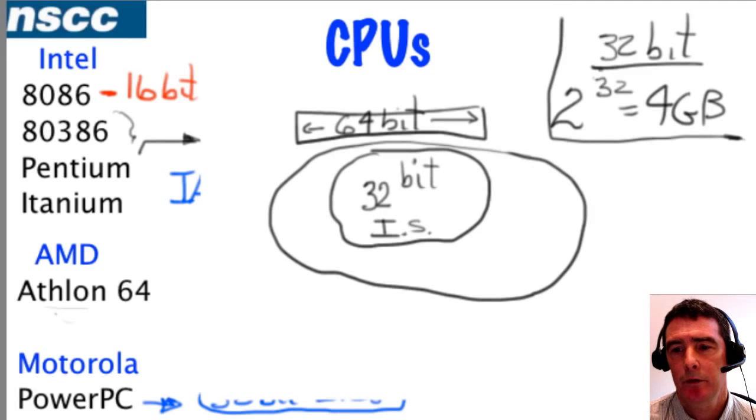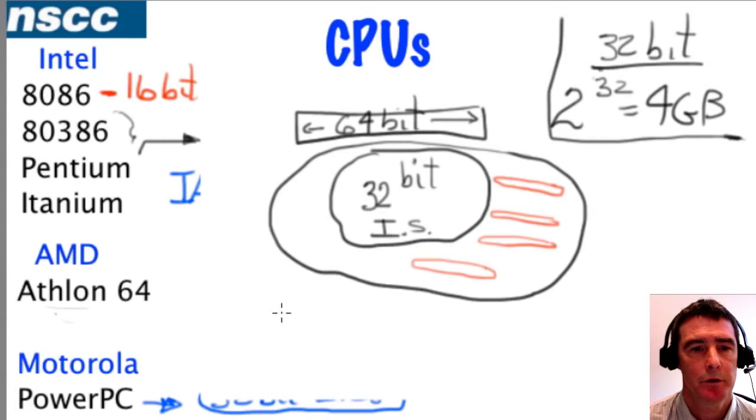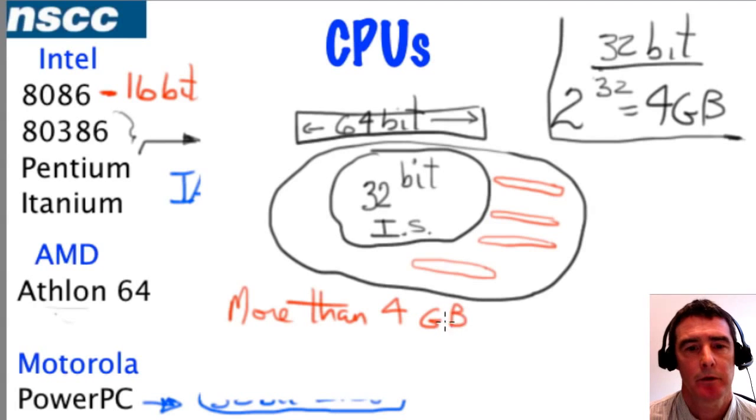They added some extra instructions that allowed more memory to be addressed. These are extra instructions which you can use to access more than 4 gigabytes of RAM.